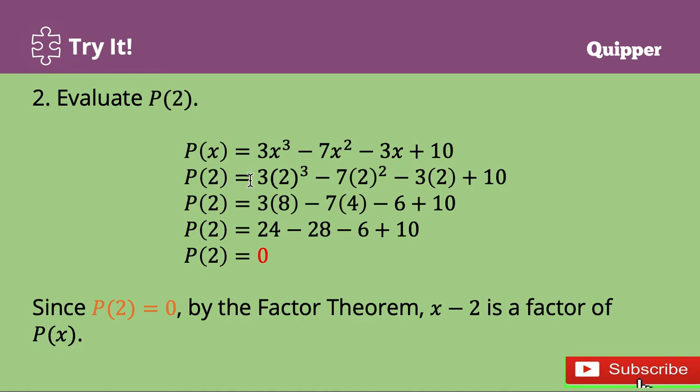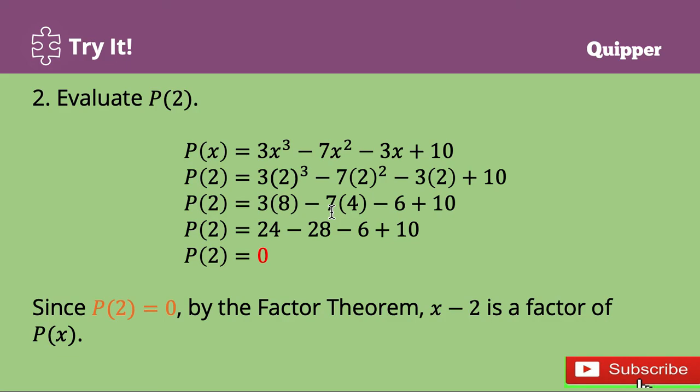p of 2 is equal to 3 times 2 cubed minus 7 times 2 squared minus 3 times 2 plus 10. 2 cubed is 8 and 2 squared is 4. Negative 3 times 2 is negative 6. Just copy positive 10. 3 times 8, 24.